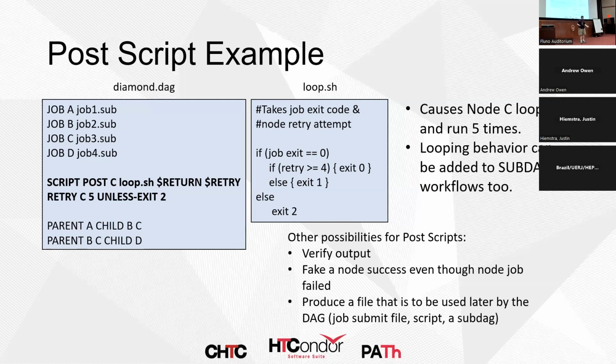A last thing is you can use postscripts or prescripts in that matter to generate files that need to be used by the DAG. The key thing with DAGMan is all the nodes kind of need to be there at submit time, but the files don't necessarily need to. This is when you submit the DAG, when I say that.